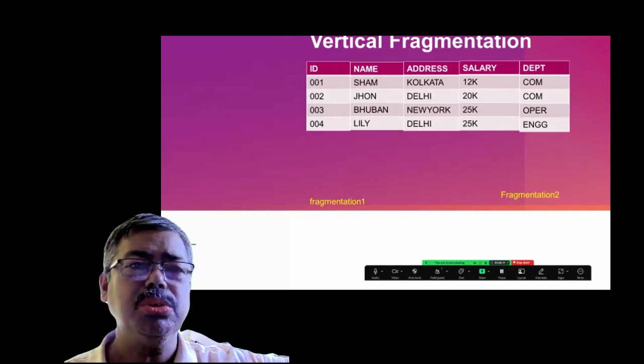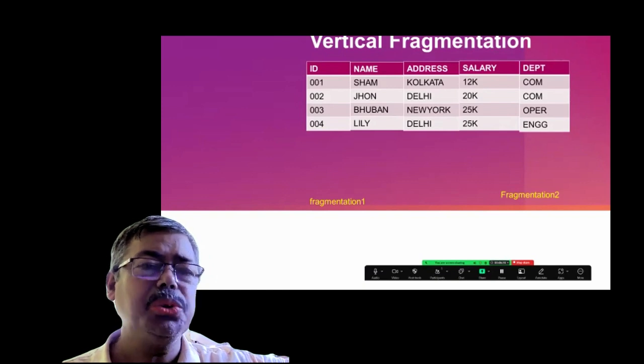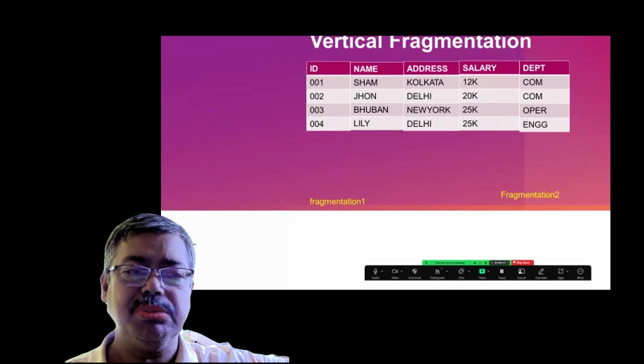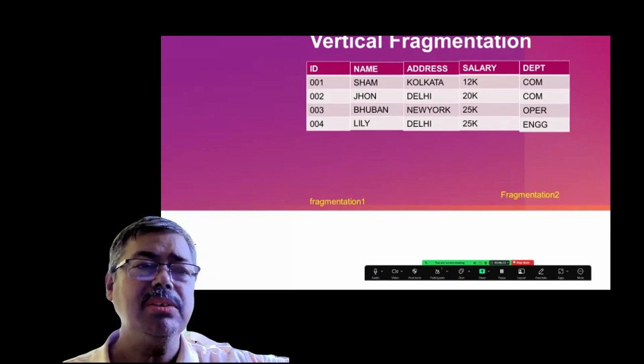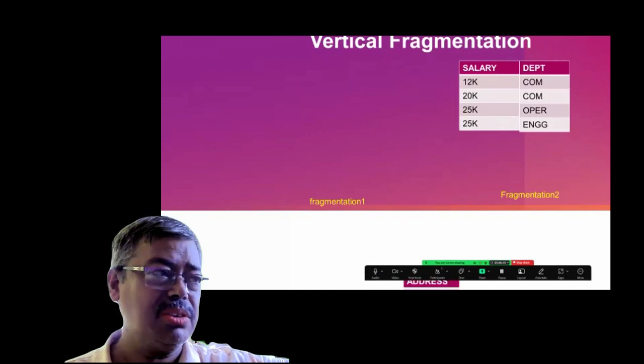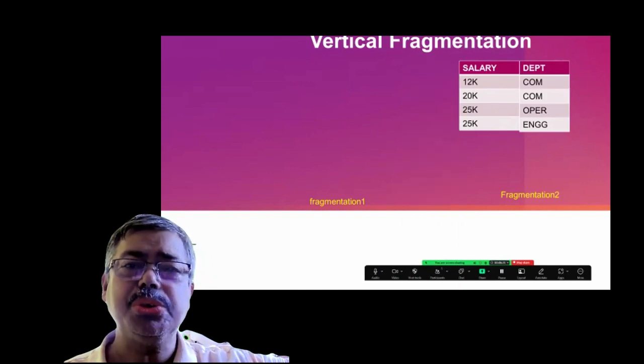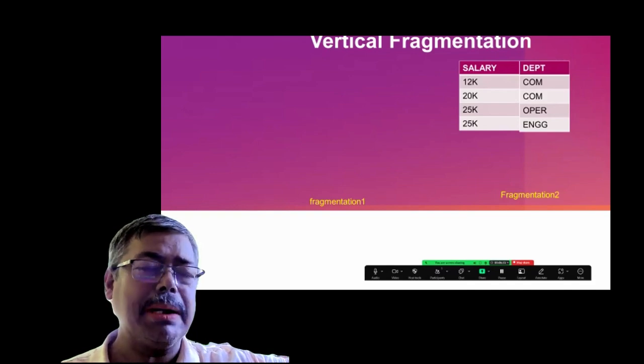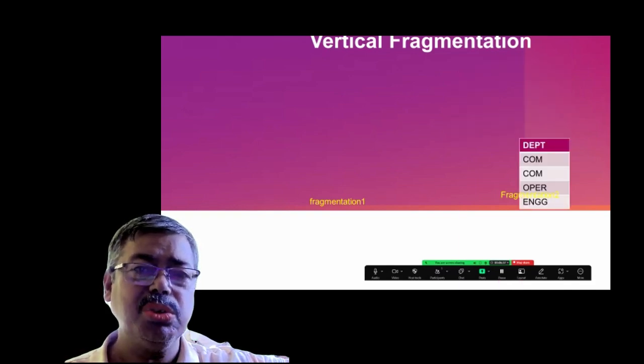I want to divide this table into 2 parts, fragmentation 1 and fragmentation 2. Fragmentation 1 gets ID, name, and address, and the remaining 2 columns, salary and department, go to fragmentation 2.